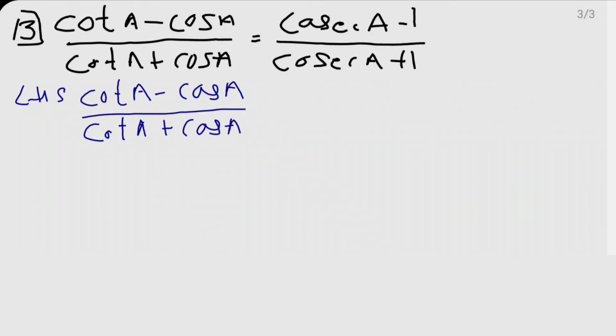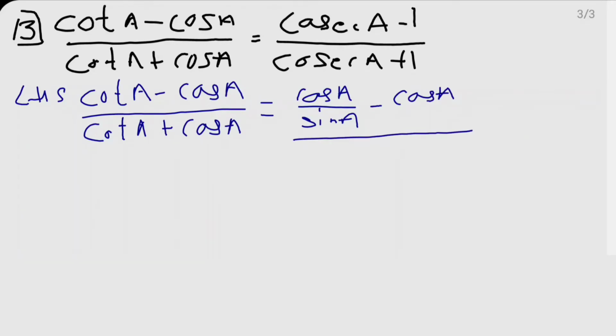So now here cot A we can write cos A divided by sin A, minus cos A as it is, and this divided by, here also cot A we can write cos A divided by sin A plus cos A as it is.